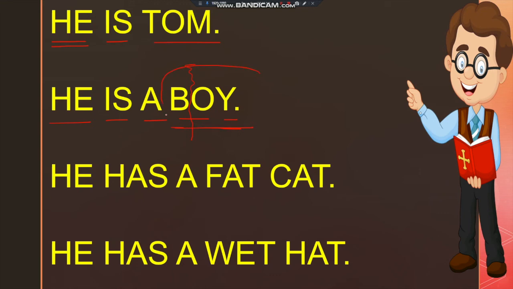This is the special one here, the oi family. Oi family. So for the oi family, this is oi. You just have to add the beginning sound. Oi. Joy. He is a boy.